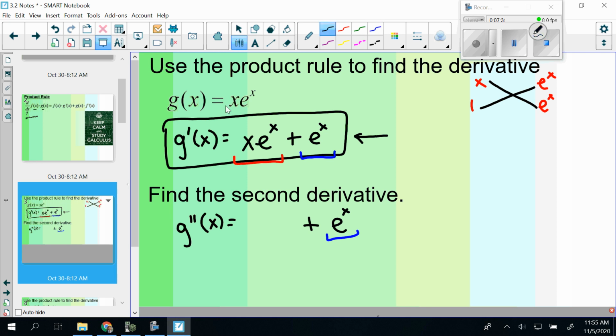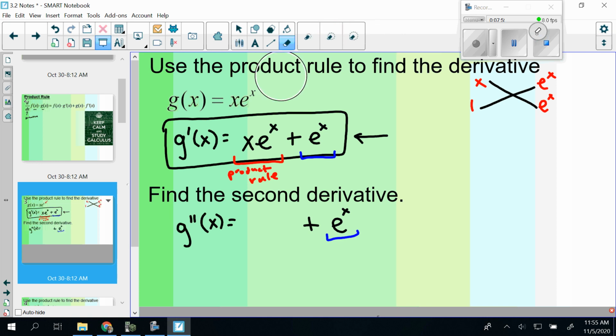The derivative of the stuff in red, there again we have 2 things being multiplied. So we got to use product rule again when finding that derivative. Well, that actually ends up being the exact same problem we just did. You can see e to the x times e to the x is the same thing we started with.